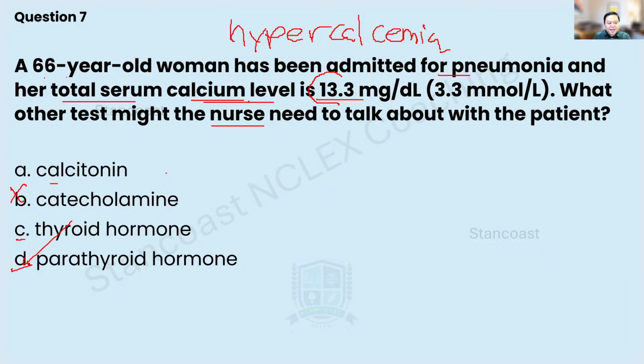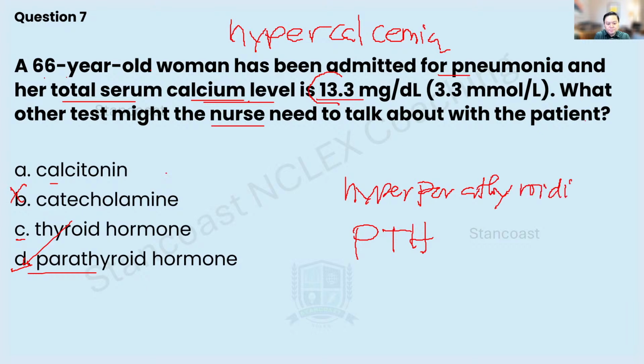The reason that we are going to select letter D this time, remember that the PTH, if there is hyperparathyroidism, it will allow increased secretion of the parathyroid hormone in the bloodstream. Yes, it can do that.